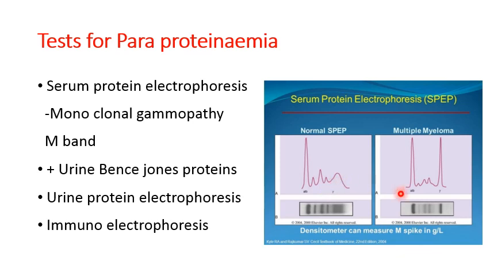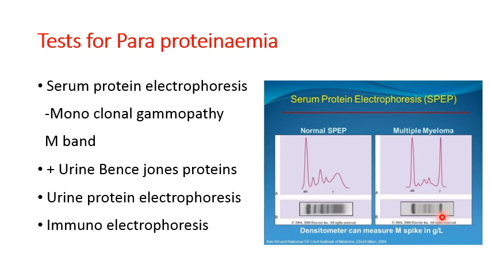But in myeloma patients, because of this increased immunoglobulin, the gamma globulin spike is high. If you take the picture like this, it is a very thick area because of increased gamma globulin.